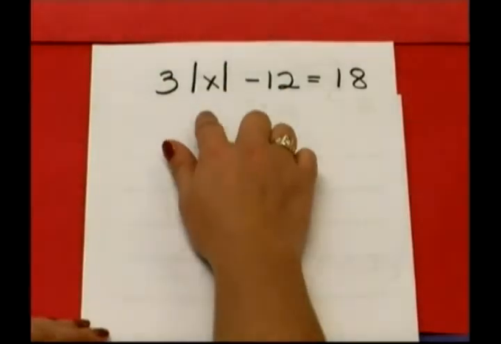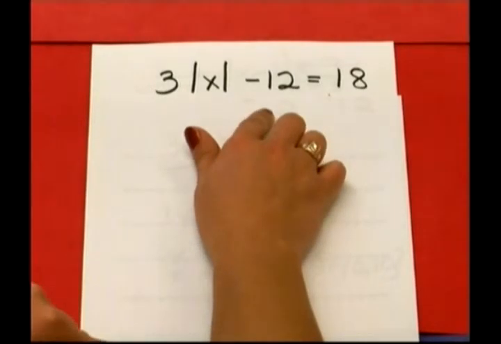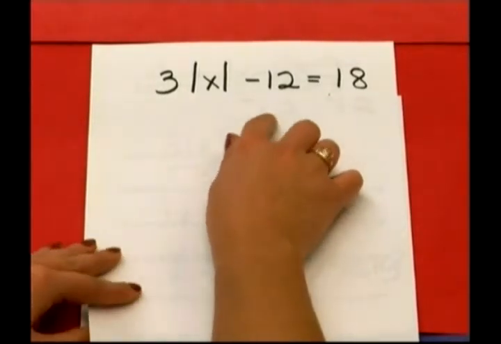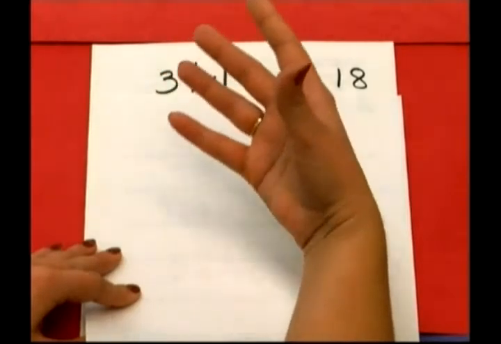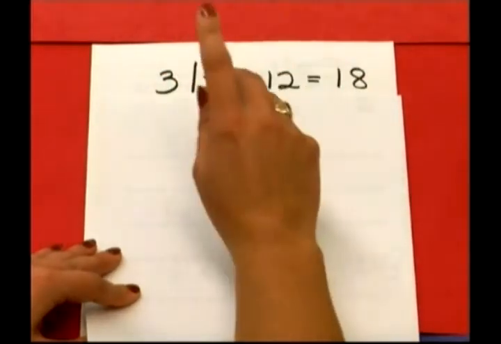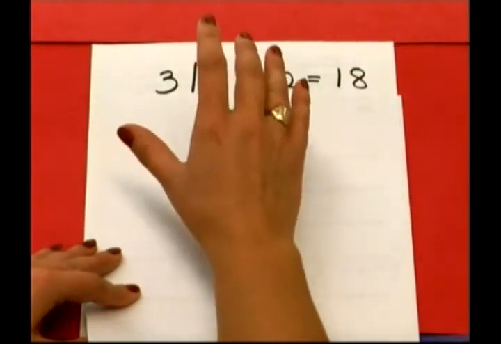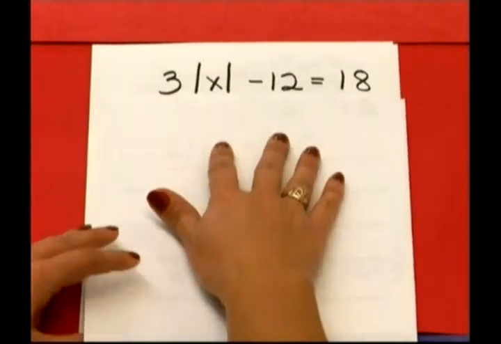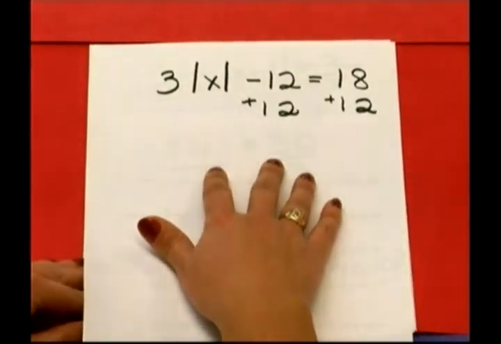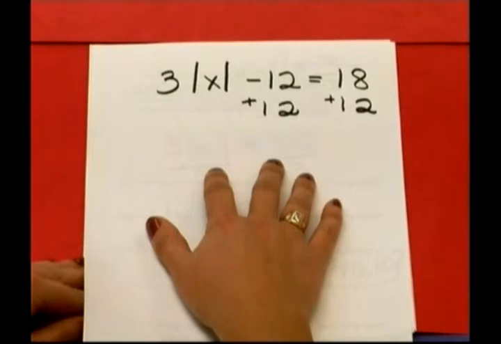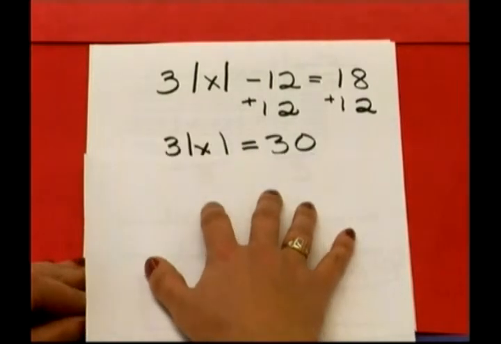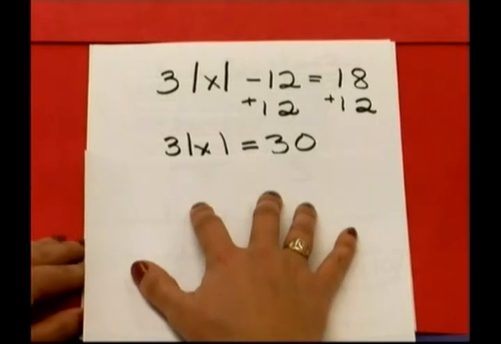Here, let's do a few problems. 3 times the absolute value of x minus 12 is equal to 18. So to solve this problem, we start doing our inverse operations. This is step 1. We're isolating the absolute value. So we add 12 to each side, and we're left with 3 times the absolute value of x is equal to 30.